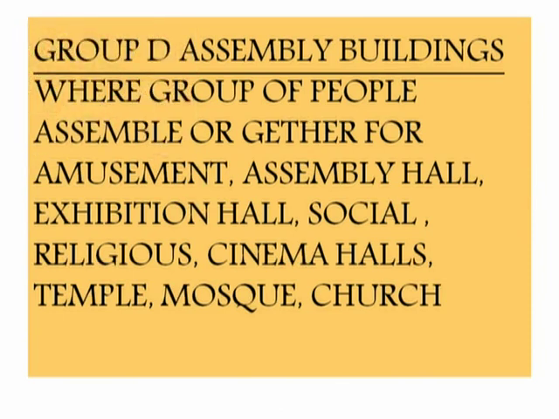Next is Group D, that is the assembly buildings. As the name suggests, these are the buildings to be constructed for the purpose of the gathering of people. That's why this type of building is known as assembly buildings.